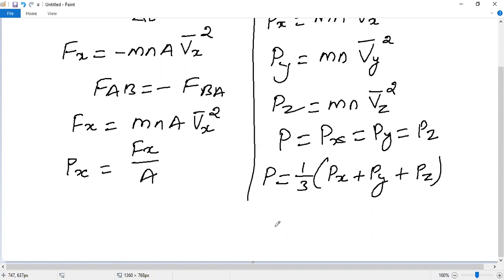Then you will get P equal to 1 by 3 m n V bar square.